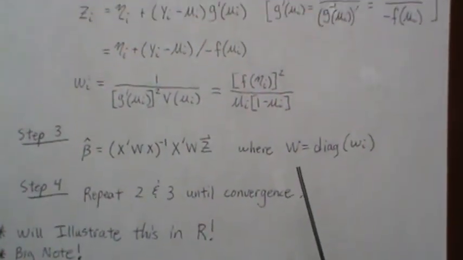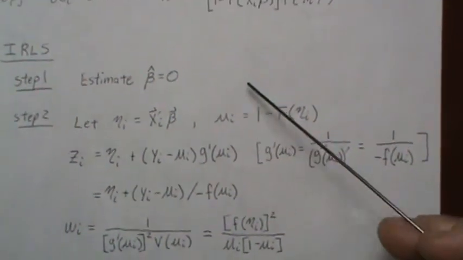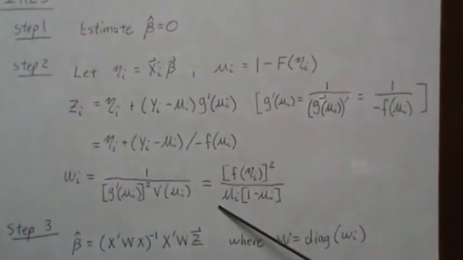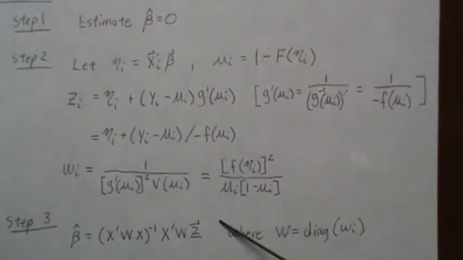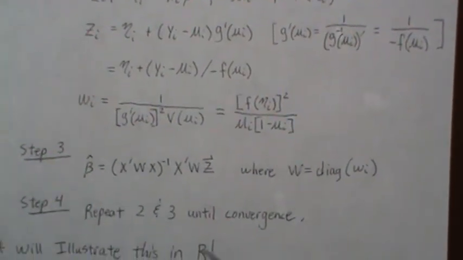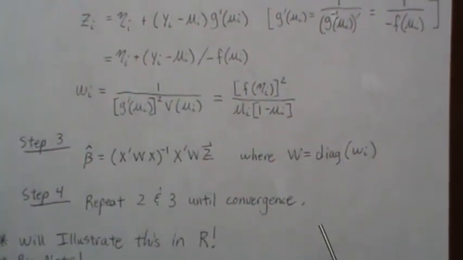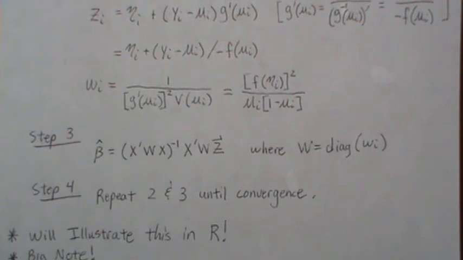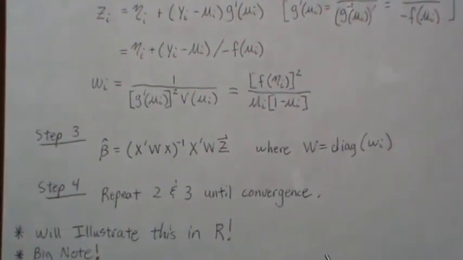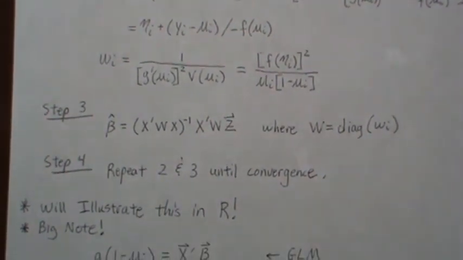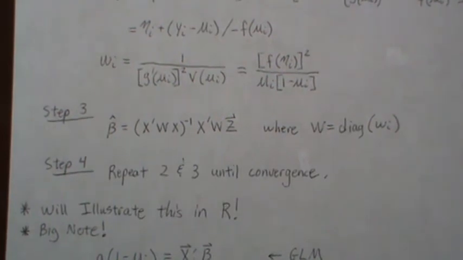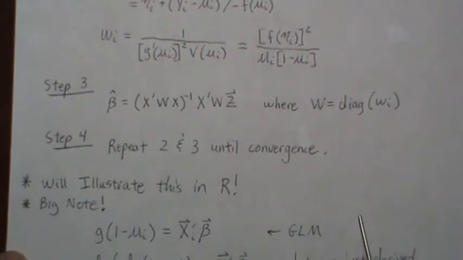Now this is so cool, we're going to take these exact equations, literally these exact equations, copy them into R and run it and compare it with the built-in function, and we're going to get 100% the same thing. But here's a big note, and a big note that you don't see in the literature, and in my mind it's so underappreciated that I think it's worth pointing out.